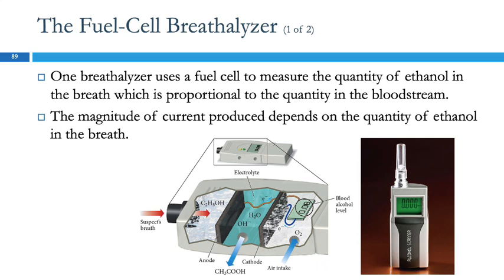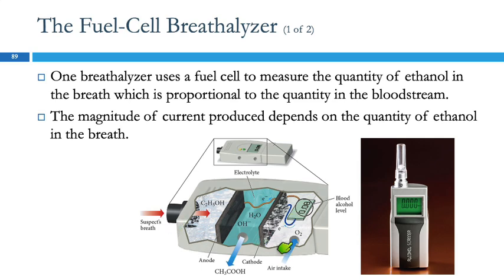If you get pulled over because you're driving erratically, you may be administered a breathalyzer test to see if you're intoxicated, right? One of those breathalyzers uses a fuel cell to measure how much ethanol is in your breath. The amount of ethanol in your breath is proportional to the quantity in your bloodstream. So here's an illustration of that.